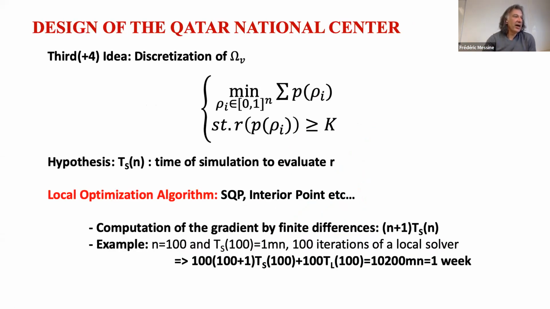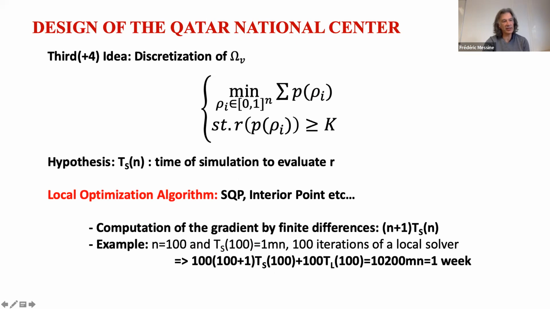So now you add this penalization function. You can compute the gradient using finite element methods. Of course, that's a local optimization algorithm. You can take SQP, interior points, etc. Plenty of things. On this example, the same kind of example, you have 1 minute to make one simulation.